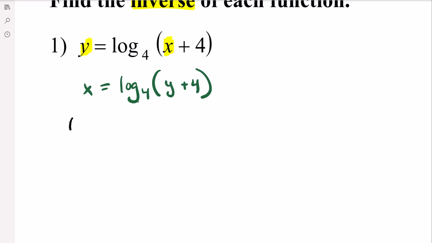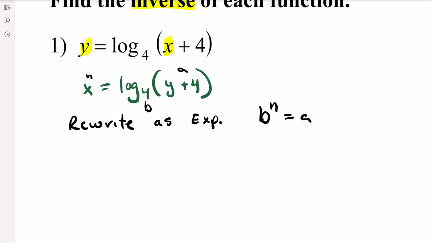So this is now when we have to rewrite this as an exponential. B to the n is equal to a. So there's our base, there's our argument, there's our exponent.